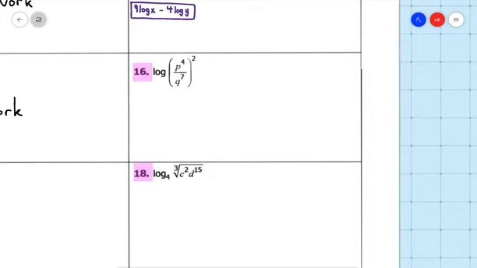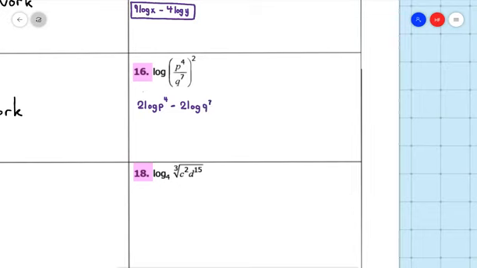So on number 16, again, we have a log of base 10. We've got a power on it, so we can say this is 2 log p to the 4th minus 2 log q to the 7th.